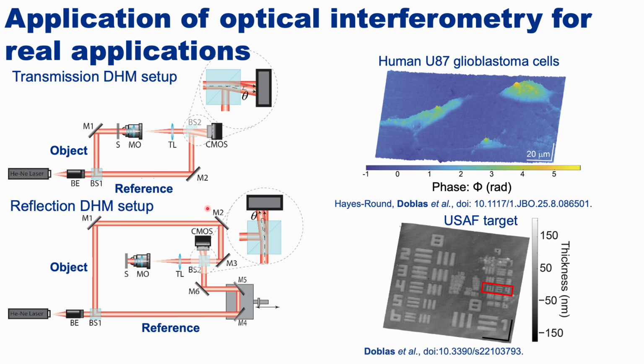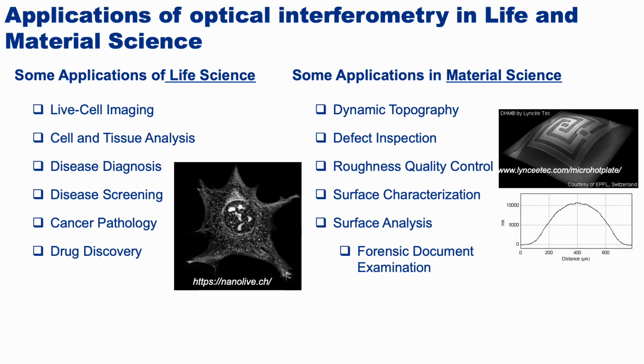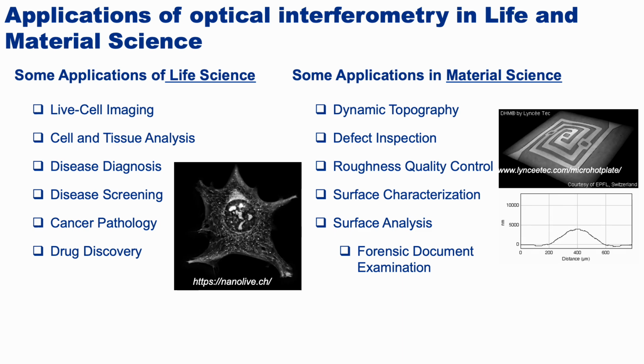But the idea is that when you record your interference pattern, you can process that interferogram to get information about different types of samples. This technique is called digital holographic microscopy. It provides you information about the phase, and it's quantitative information, and it's really useful for life science and material science.